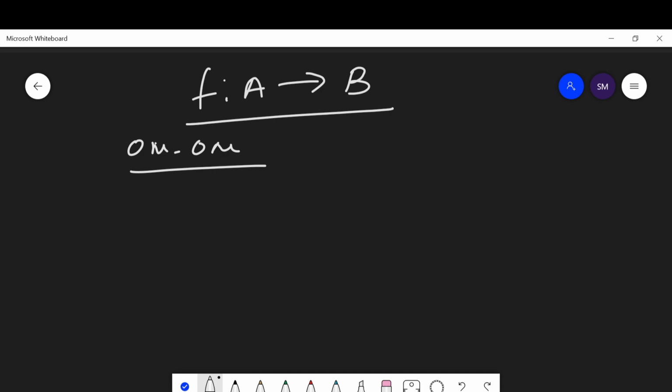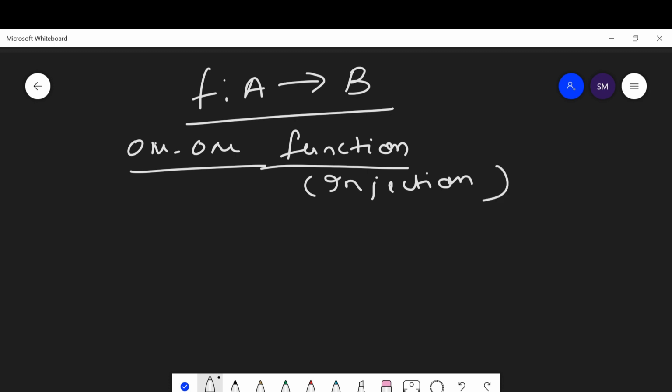Please follow that video and come to this. One-one function: what is a one-one function? One-one functions means injections. A one-one function is also called an injection.